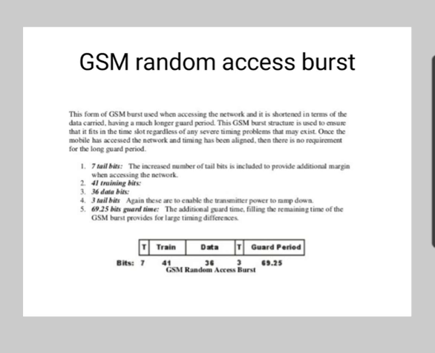These 41 bits are used to identify the channel properties and for synchronization of the BS receiver. After synchronization, 36 bits of encrypted data are added, and then 3 stop bits are present in the burst.